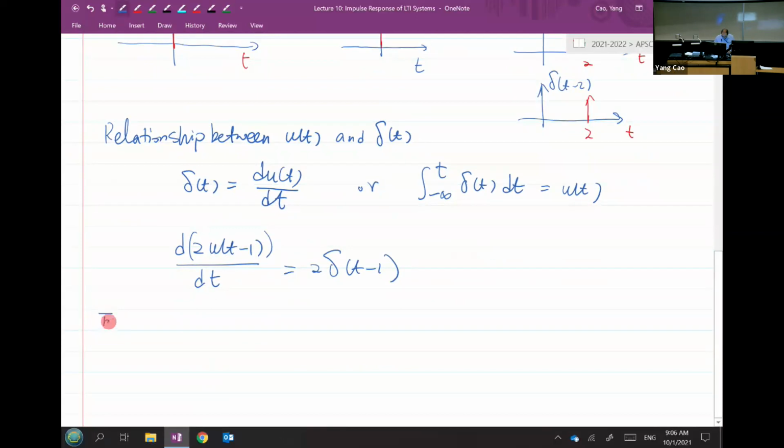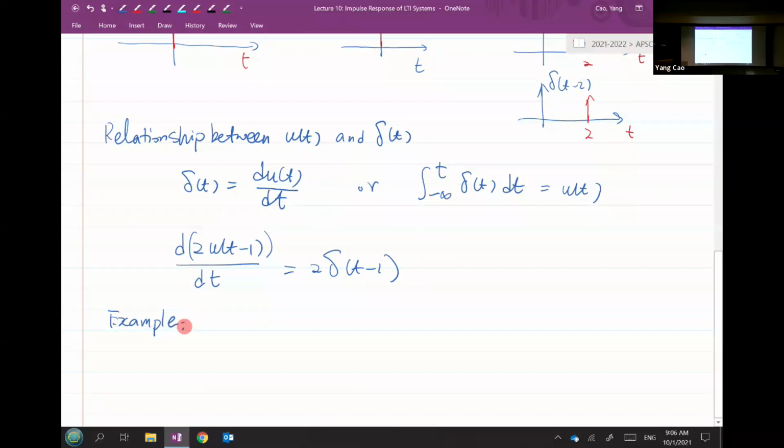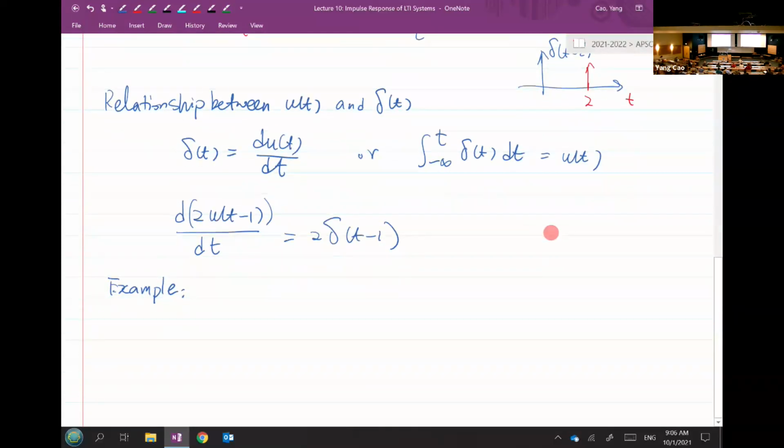Let's take a look at a simple example here. I'm going to give you a graphical function as illustrated using this graph. Let's call this x of t. This function looks like this.